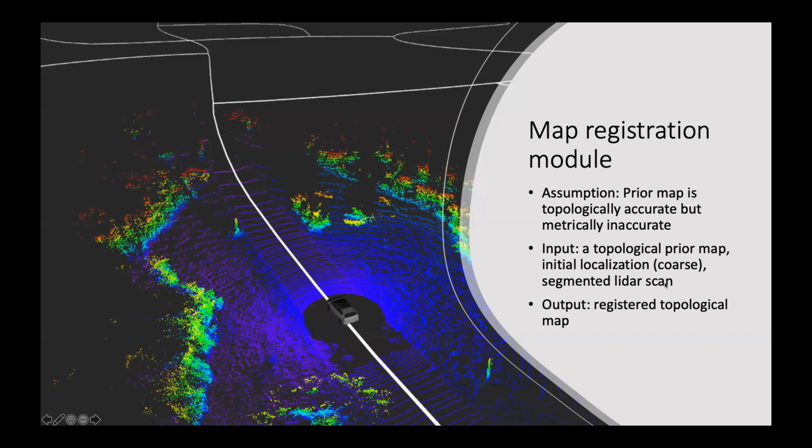So the main module of MapLite is what we call a topometric registration module. As I spoke about, the assumption is you have a good topological map, but an inaccurate metric map. So you know that there's going to be an intersection at some point, but you don't know how far off you are from the intersection. You probably have a good guess, but that's not precise.